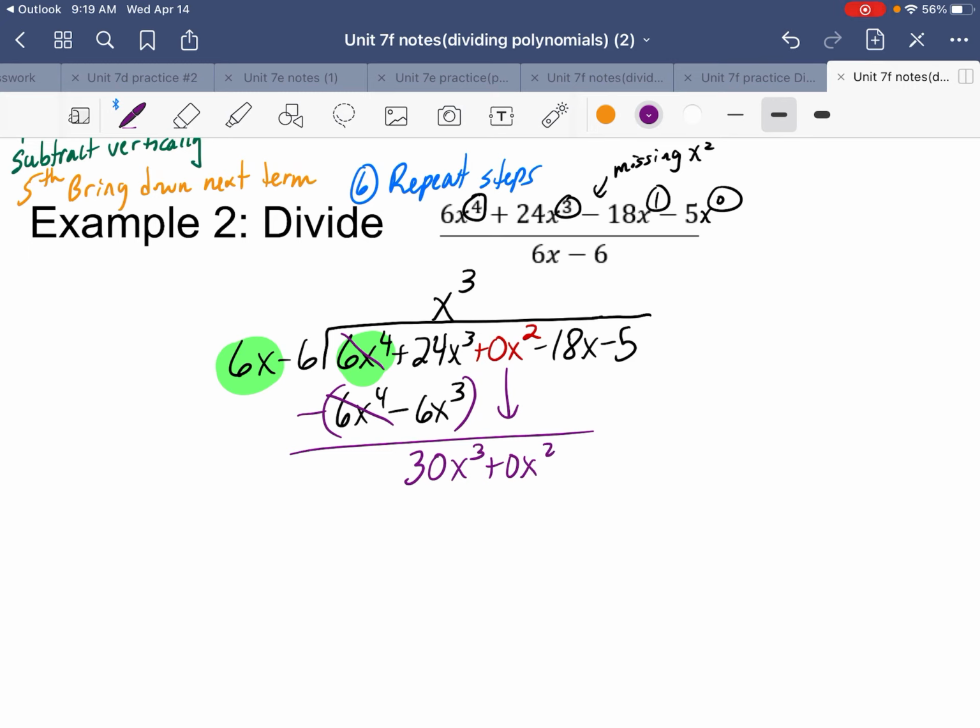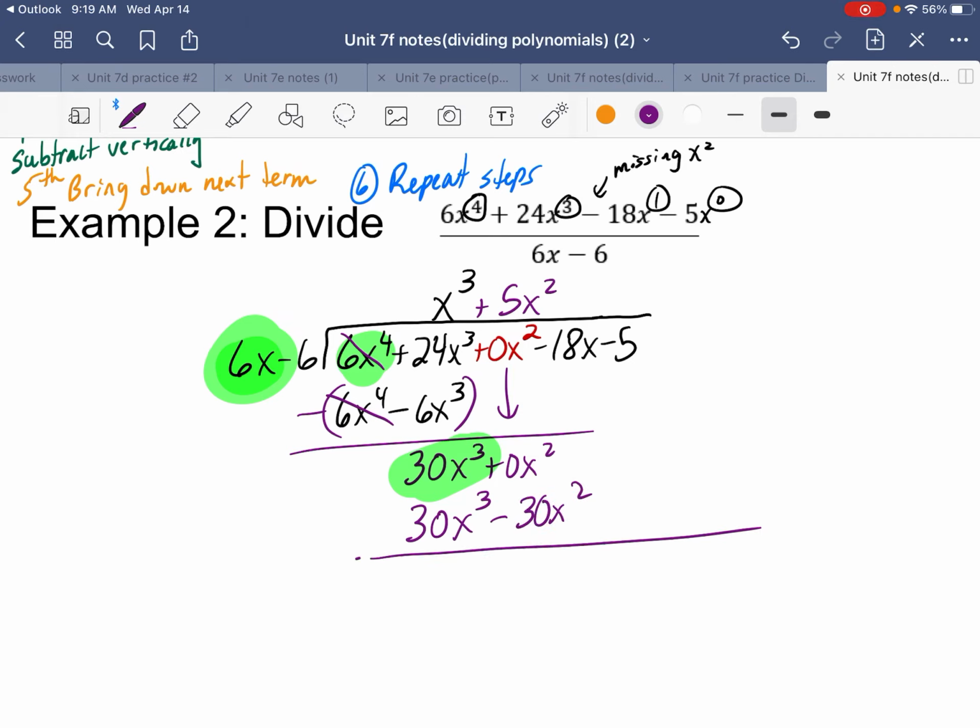When you're dividing to go up, you should always have two terms down below. So 30x to the third plus 0x squared. So 30x cubed divided by 6x is 5x squared. 5x squared times 6x is 30x cubed minus 30x squared.